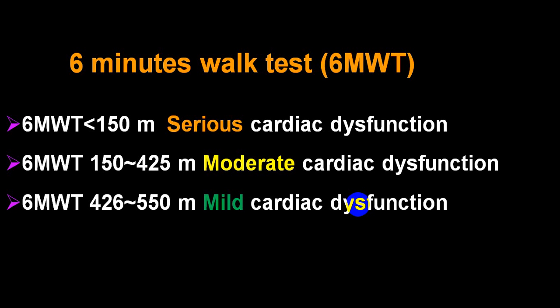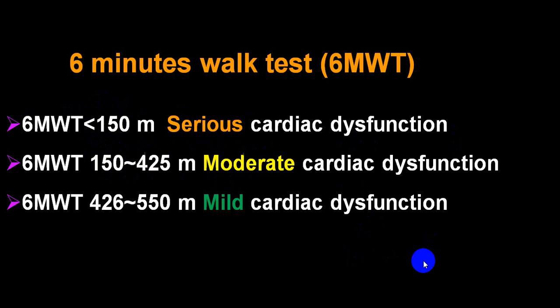There is another very simple test we call the 6-minute walking test. While doing a 6-minute walk test, if the person is able to walk approximately 500 meters, we usually call that mild cardiac dysfunction. If it is between 150 to 400, roughly, we call it moderate. And if it is less than 150, the person gets fatigued or tired, or starts getting dyspnea, then we call that serious cardiac dysfunction.